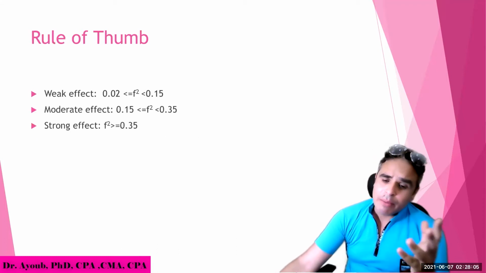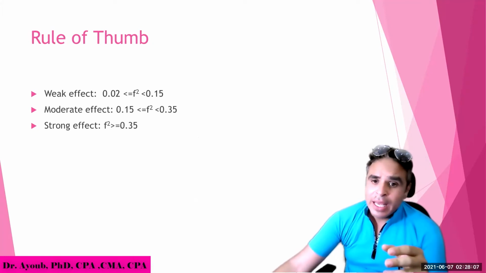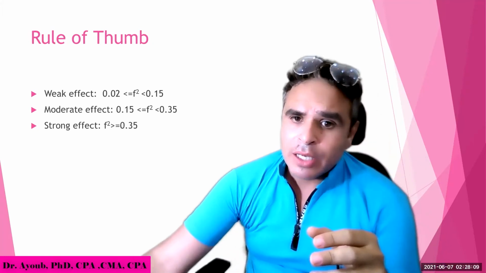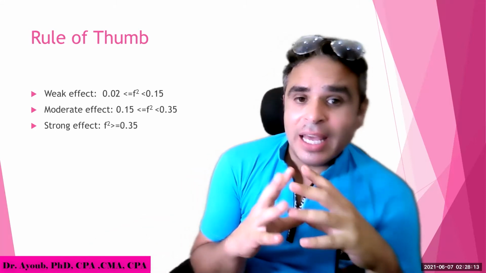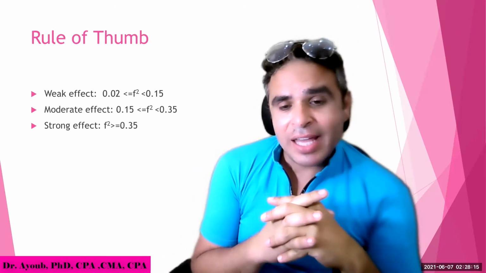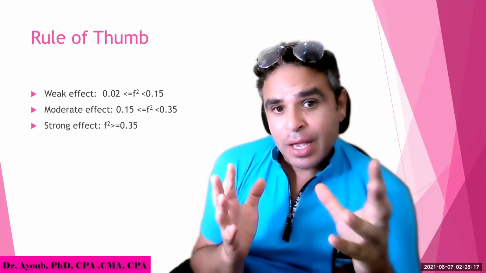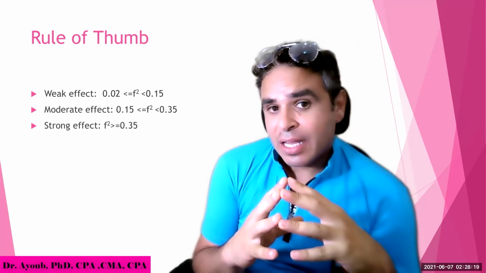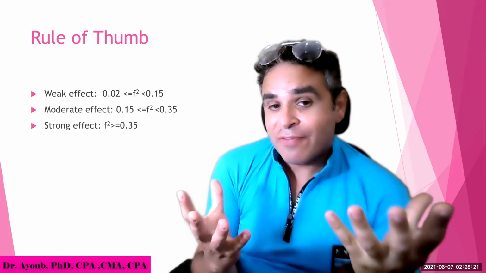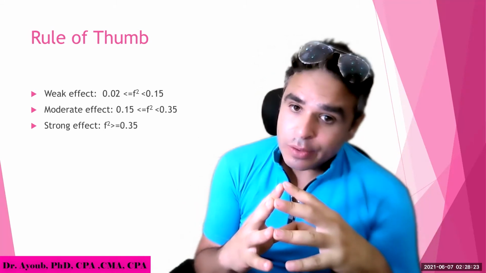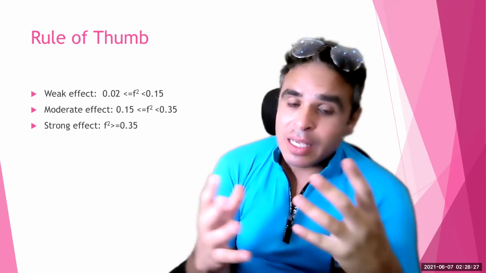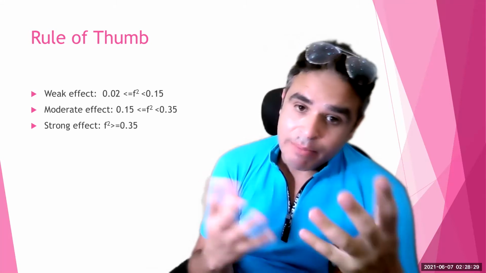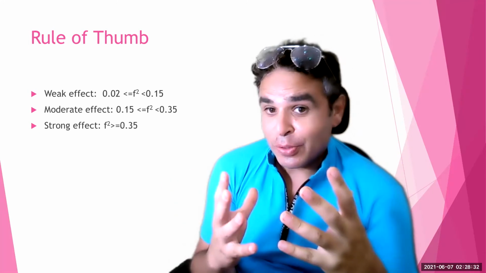We have a rule of thumb here. According to Cohen, 1988, as a rule of thumb, we have a weak effect of F squared when it falls below 0.15 but higher than 0.02.